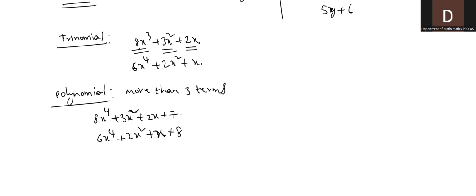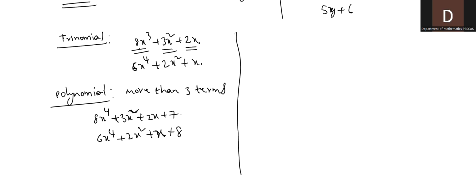And let's look at types of polynomials based on the degree. Suppose this is the one, more than three terms are called a polynomial. So here the degree of the polynomial is 4. The degree means the highest power. Here also 4.